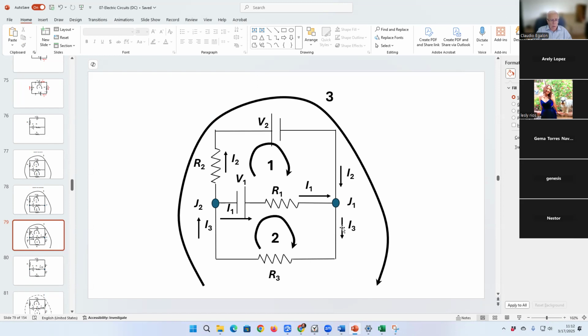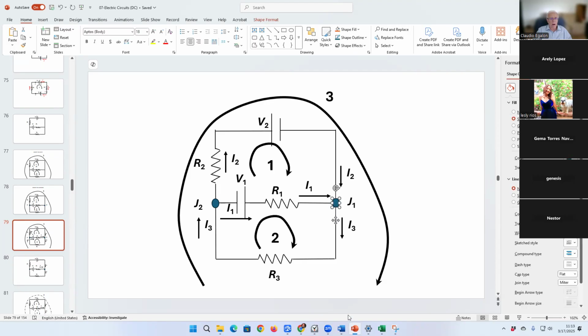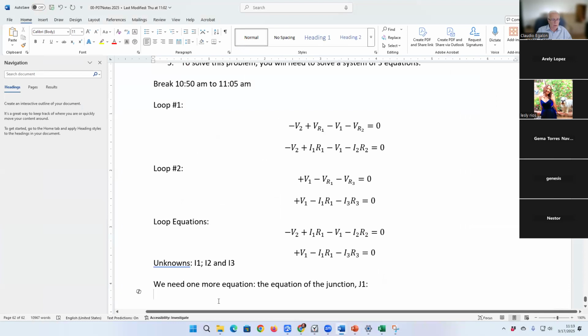It is as though the current I3 results from the summation of I1 and I2. I3 is coming out of the junction, and I1 and I2 are going into the junction. So when we have something like that, I3 is equal to I1 plus I2.